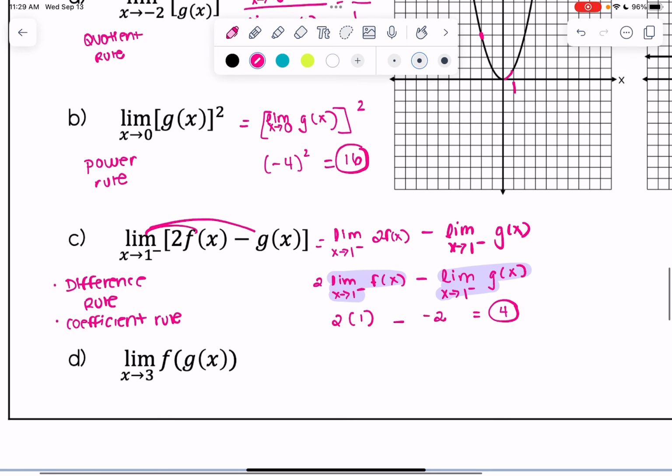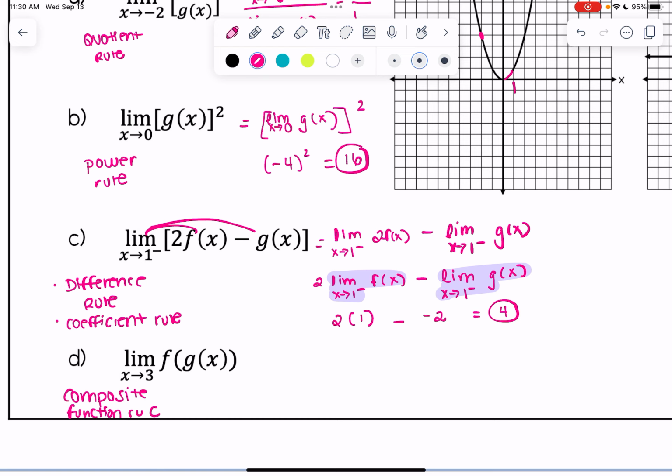All right, finally for our last example, we have our composite function rule. So what we're going to do, let me write that first. This is our composite rule. What we're going to do for this one is think about it almost in a way like you're not distributing, you're pulling that f out.